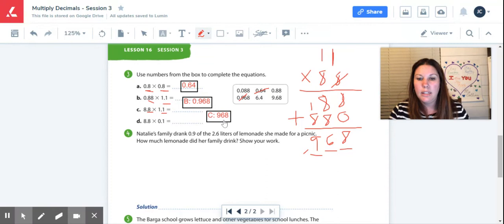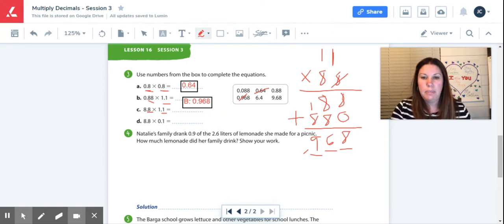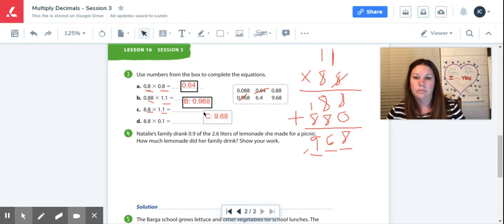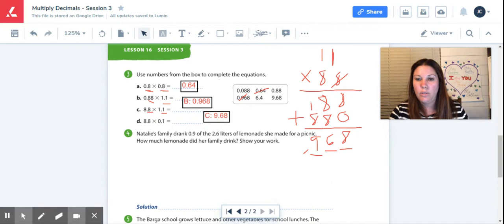So that means if I'm going to do 2 decimal spaces, that answer is going to be 9.68. Which makes sense because that's the only one that's left in our box. So I'm going to cross that one out.